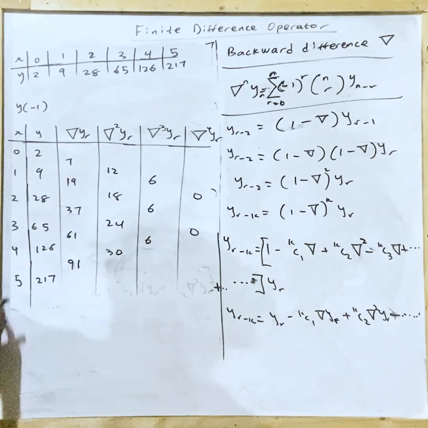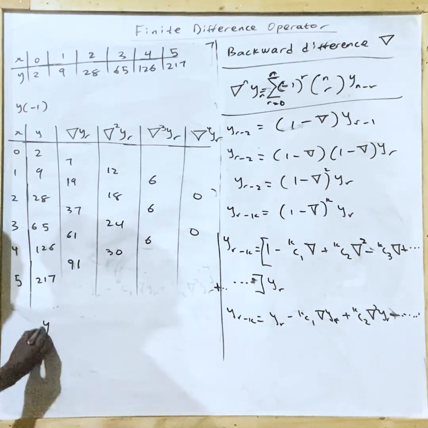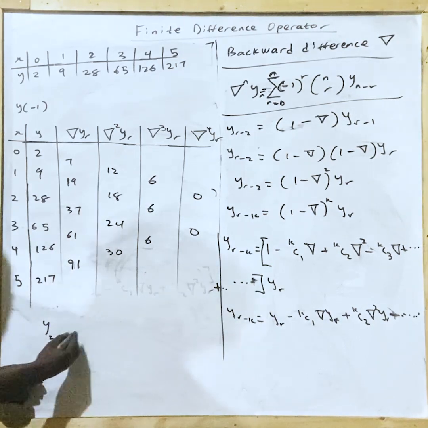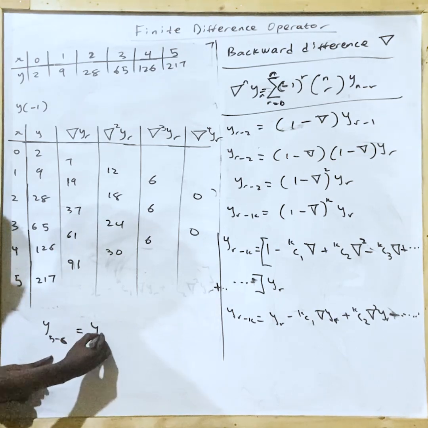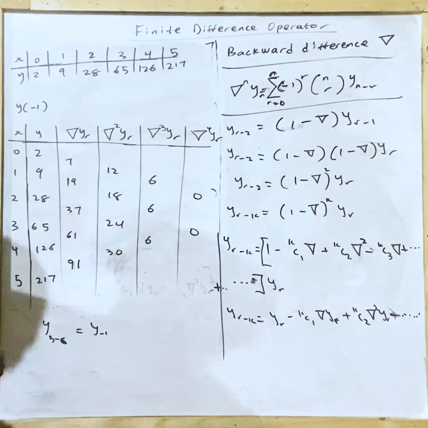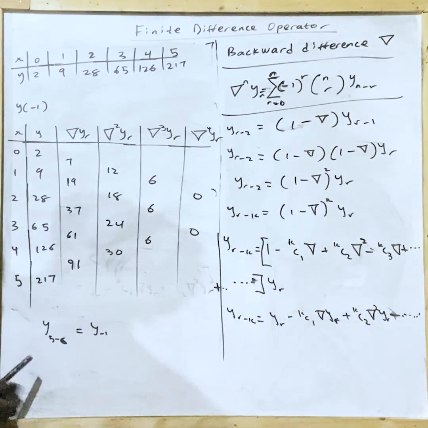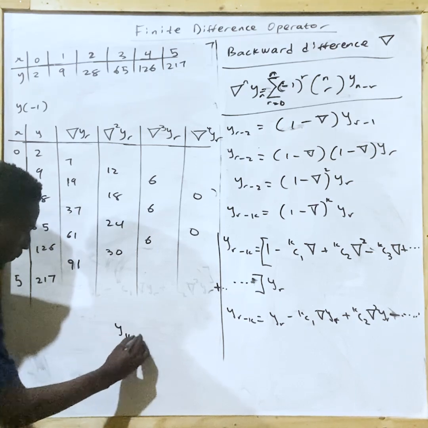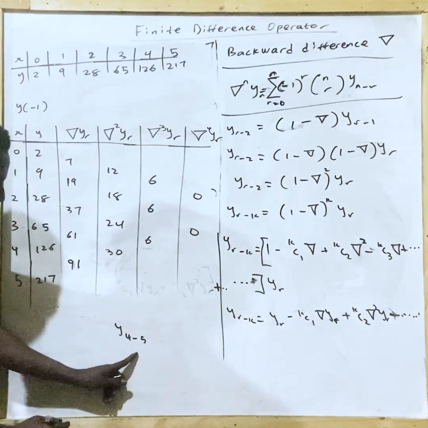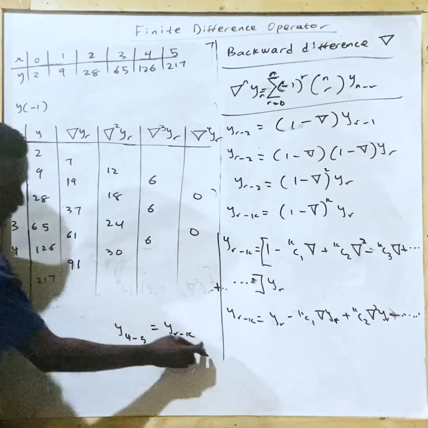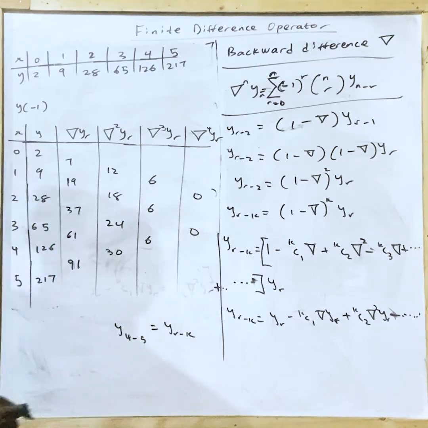In this case I have 5, so if I do y 5 minus 6, that gives me y subscript minus 1, which is what I'm looking for. Or I can prefer to use 4 and 5, so I can do y 4 minus 5. Once you have this, just compare it to y r minus k. In this case, your k is 5.